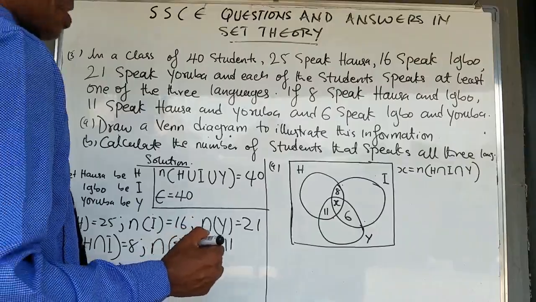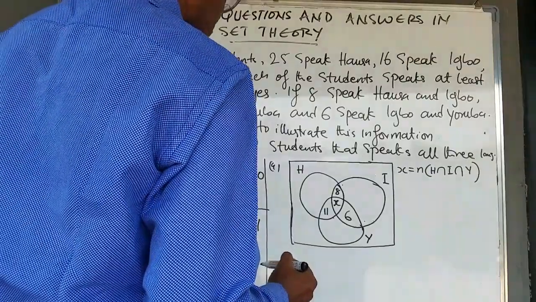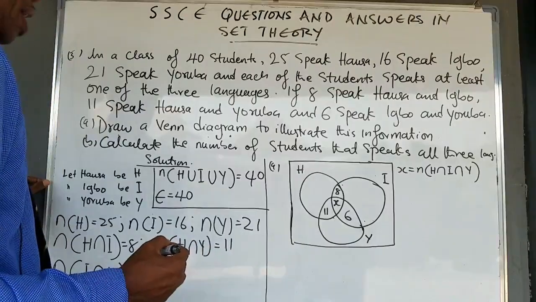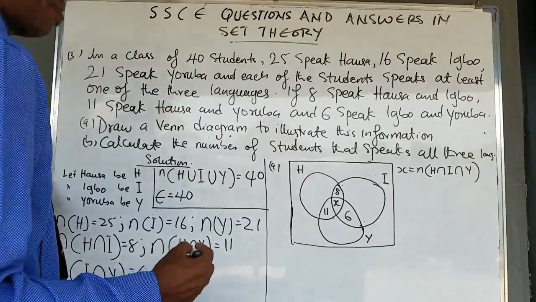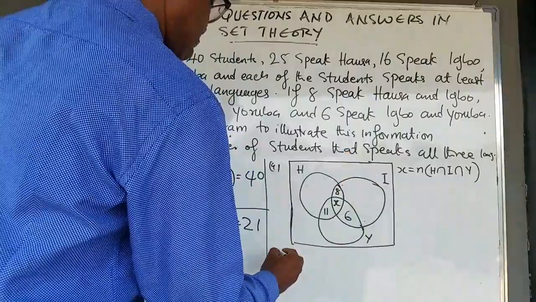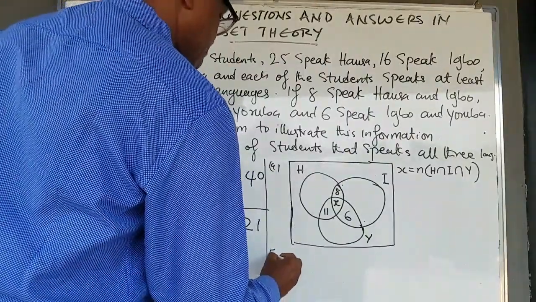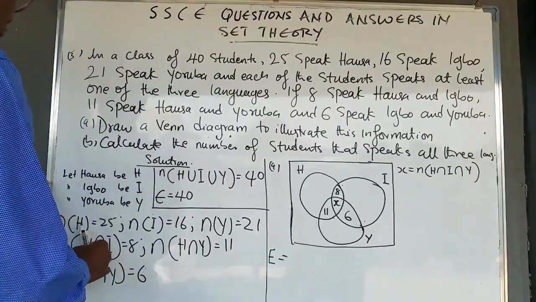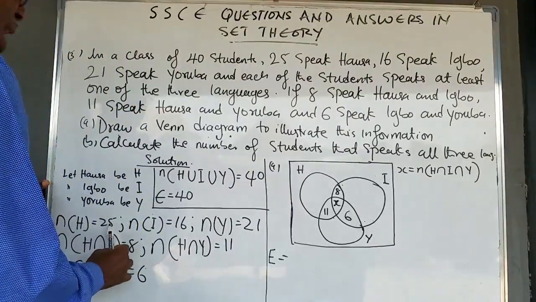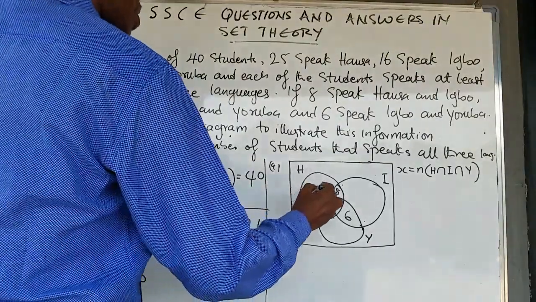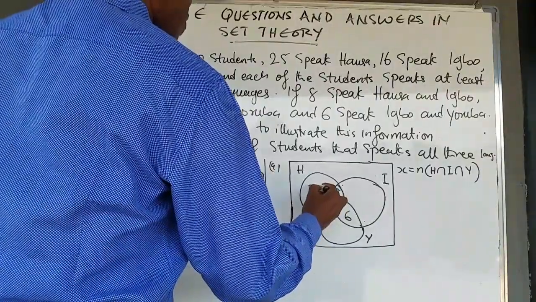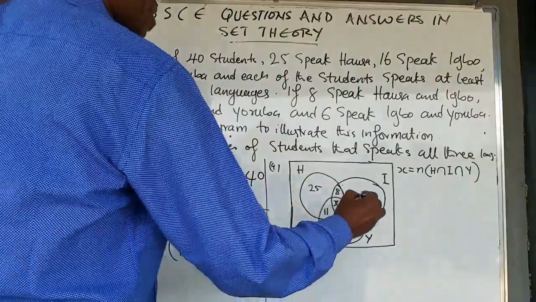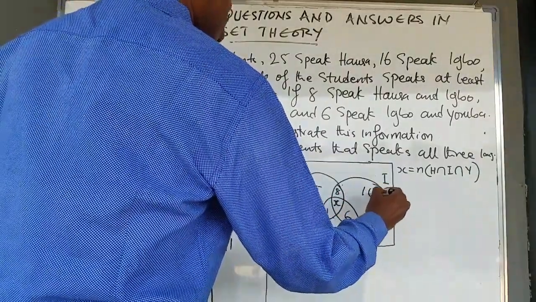Now there's a formula for getting all of them put together. And that formula is what I want to line out for us. That is E. E is equal to number of people that speak Hausa, actually 25. Number of people that speak Igbo is 16.